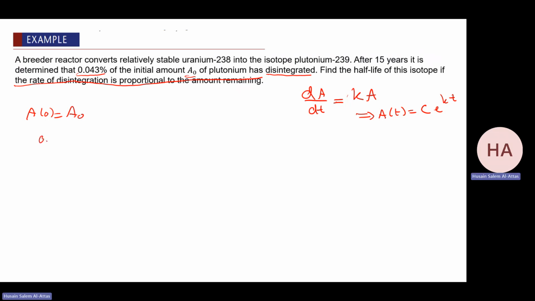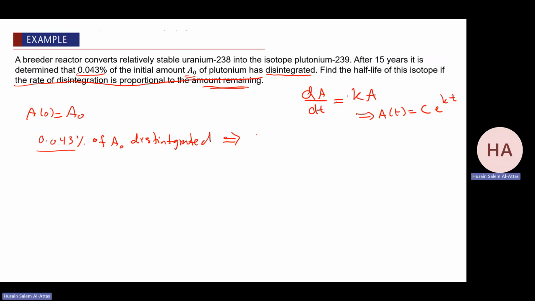If 0.043% of A0 disintegrated, and I care about the amount remaining, that means I have to make it 100.